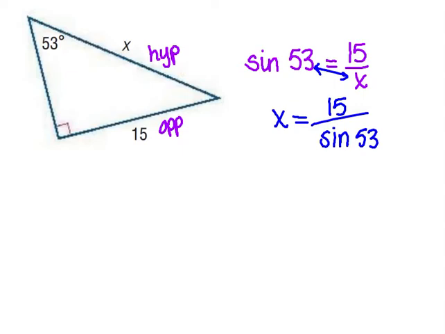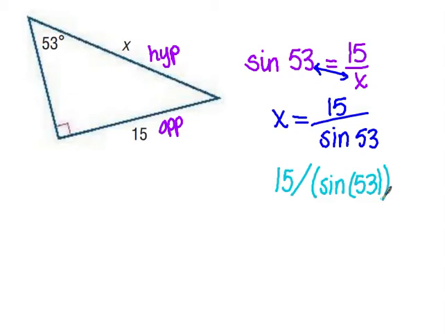Now, on your calculator, I'm going to teach you something that'll come in very handy in the future. Whenever you have a fraction, you've got to use parentheses. It's probably not going to make a difference on these problems, but it will when we start getting more in depth, so you need to get in that habit early on.